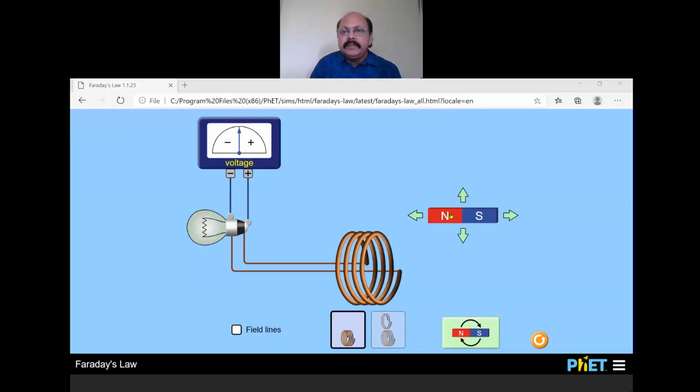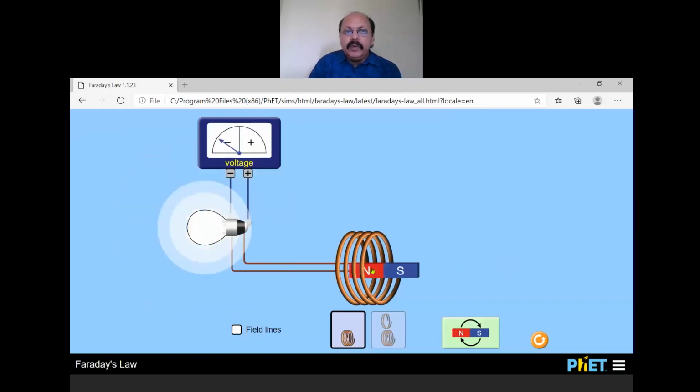This is a magnet. Now we approach the magnet with its north pole towards the coil. Then the galvanometer shows deflection that indicates that a current is induced in the coil. As we move the magnet with its north pole in the opposite direction, the deflection in the galvanometer is in the opposite direction.